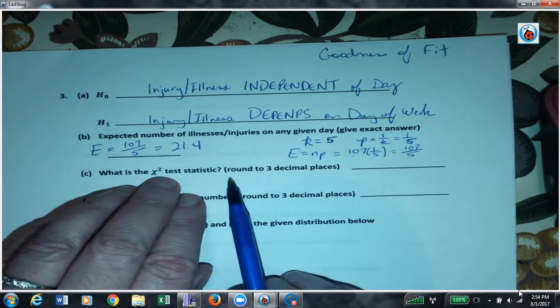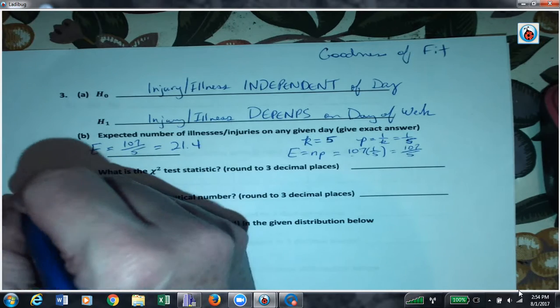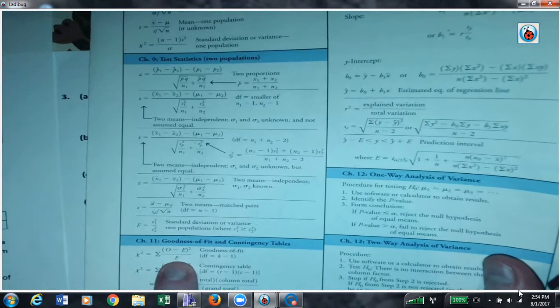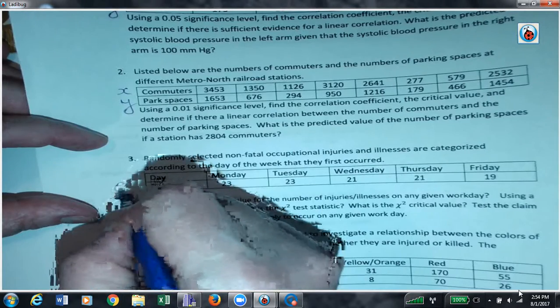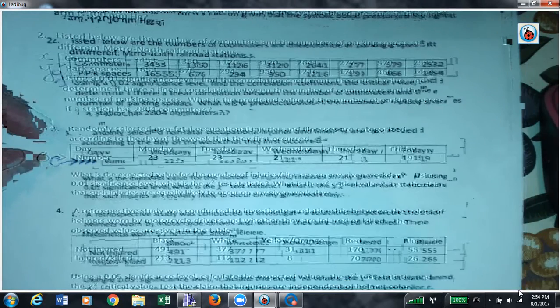What is the chi-squared test statistic? Well, the chi-squared test statistic is going to be this number. My observed values are what we observe, what's reported every day. So that's going to go into list 1.